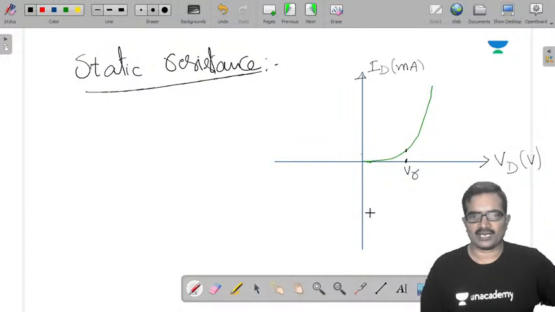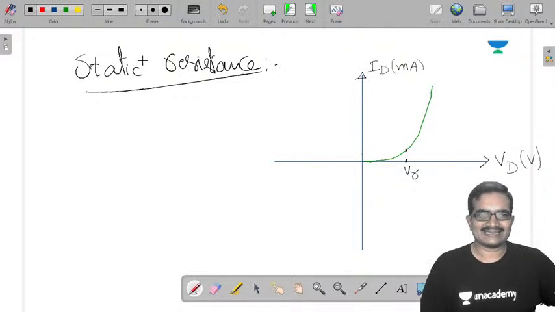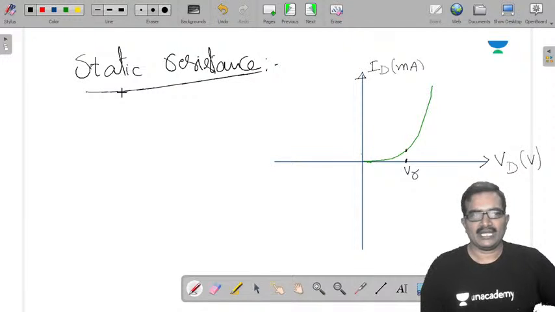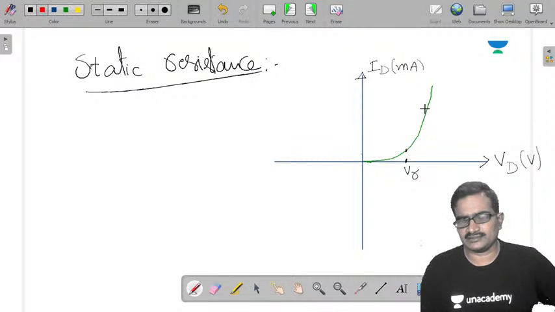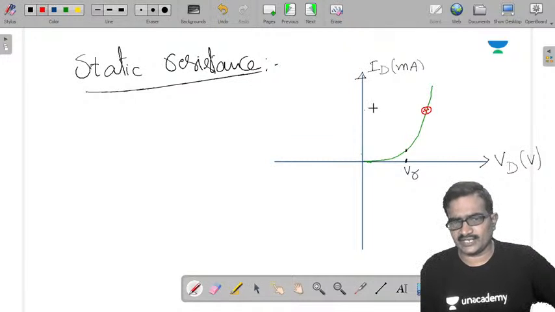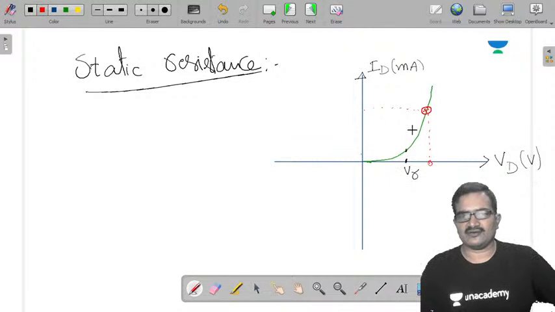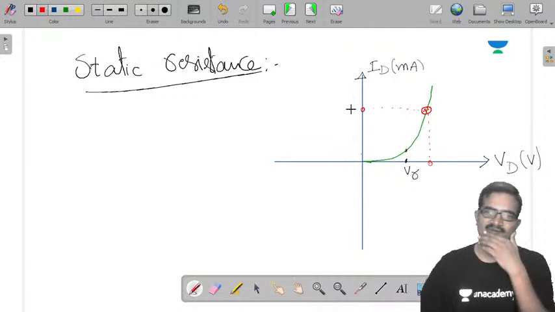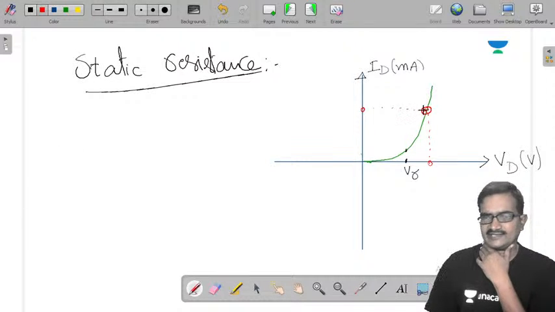Static resistance means just take any point on the plot, extend that point onto the current y-axis and voltage x-axis, and take voltage by current, that is, the inverse of the slope.